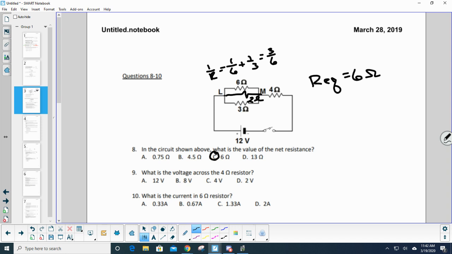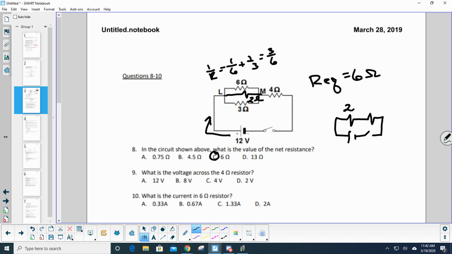Now the voltage across this resistor right here. There is a voltage drop. Now our current's going this way, even though we know the electrons are going that way. But what I'm going to say here is, if I just had this, and then here's my battery, and there's my switch.